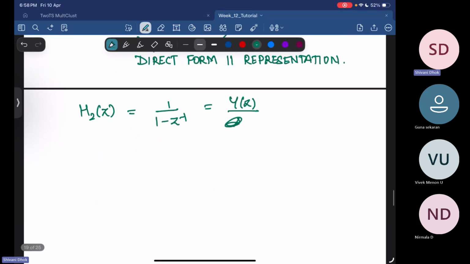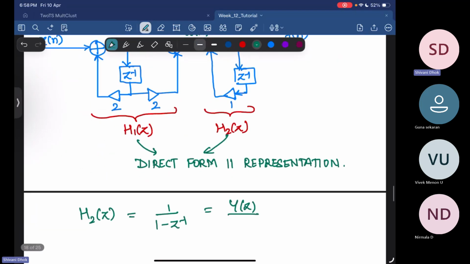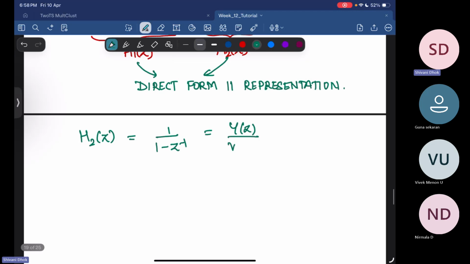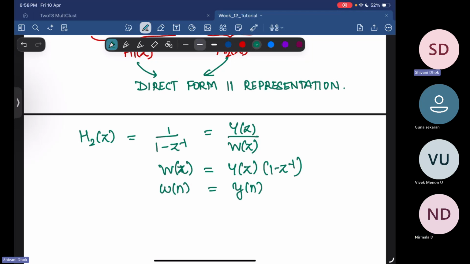So this is the input to the second system with transfer function H2 of Z. So this is W of Z. Now if I cross multiply, you have W of Z equal to Y of Z into 1 minus Z inverse. So W of n, which is your input, equals Y of n minus Z inverse, which is basically Y of n minus 1.